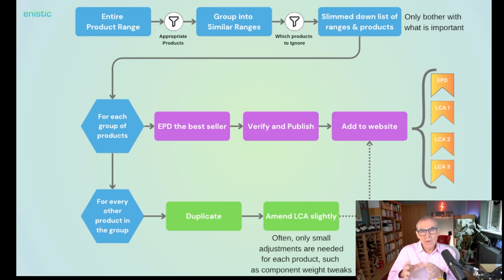Okay, if you have an EPD for a desk, and next to the desk you've kind of got a desk return that fits in with the desk, etc. They're not similar enough to do an EPD for, but you might say to your client, look, what happens if I duplicate the EPD lifecycle assessment, and the lifecycle assessment is the big calculation in the middle that says the carbon is X.